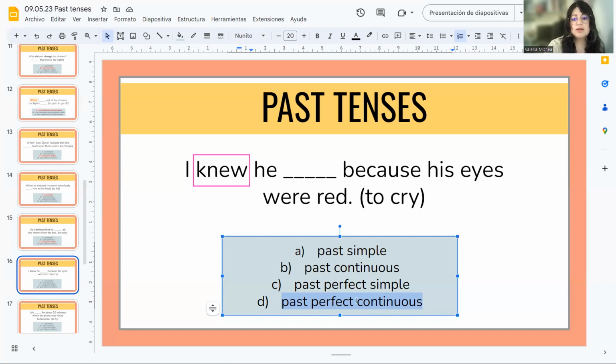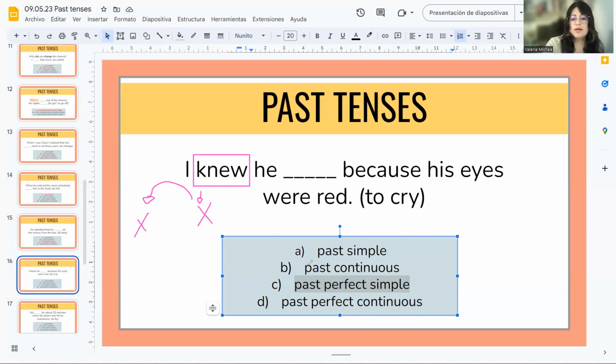If I just want to make emphasis on the action that happened before another action in the past, but not emphasize the time, the duration, then I would go for the past perfect simple. But I would go for the perfect tenses. Why? Again, we have an action in the past, which I knew, and before I knew something, he had cried, right? So that's what I would go for, something happening before another action.